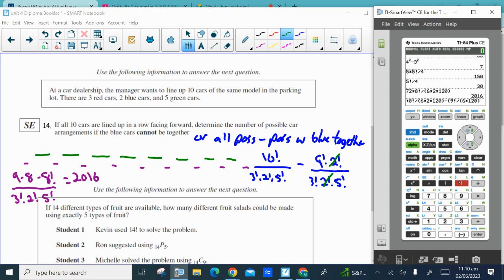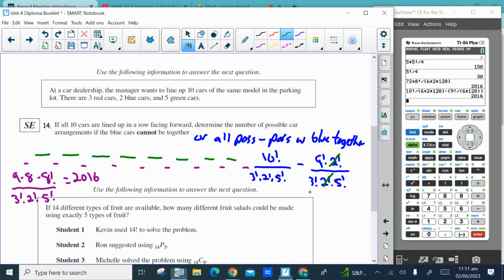Close the bracket on that, close the bracket on the expression. We get exactly the same answer. So both ways work. Thank you.